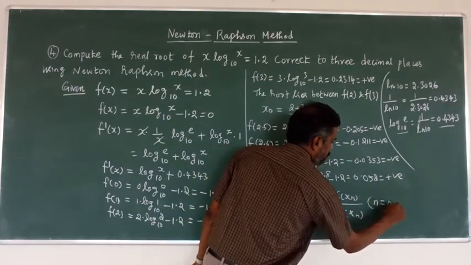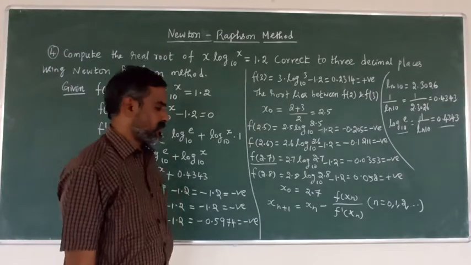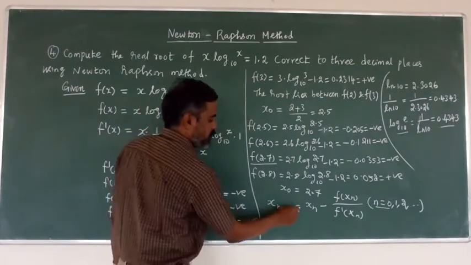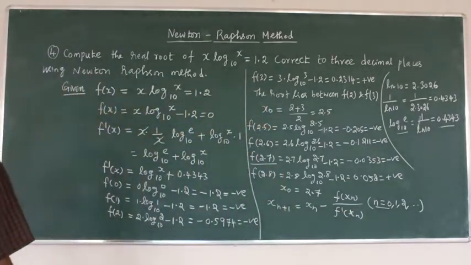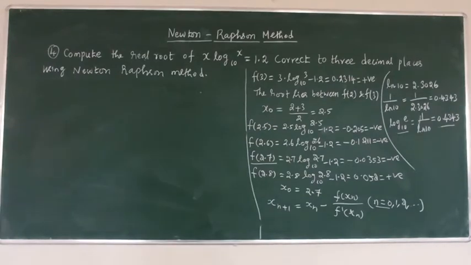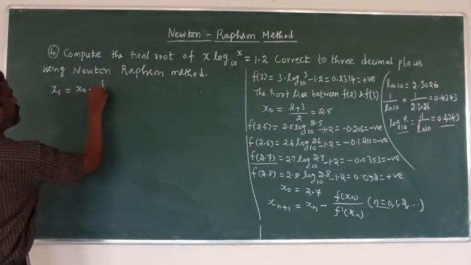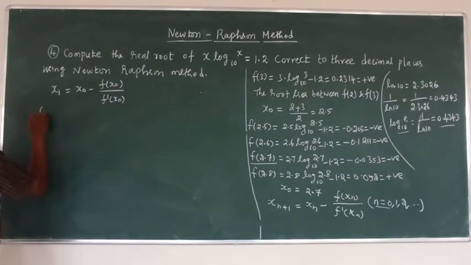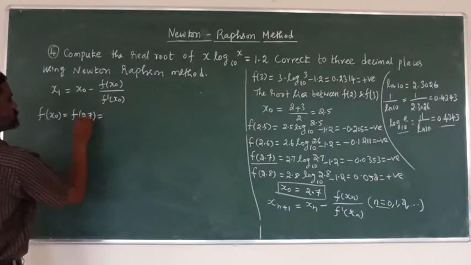Here n equal to 0, 1, 2, 3, and so on, until both iteration values are the same. First, substitute n value 0, first iteration: x₁ equal to x₀ minus f(x₀) divided by f'(x₀). Now to find f(x₀), x₀ value 2.7.